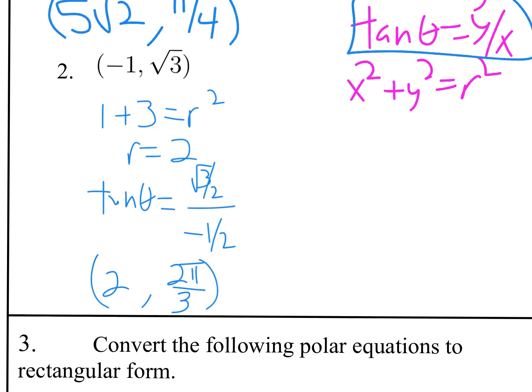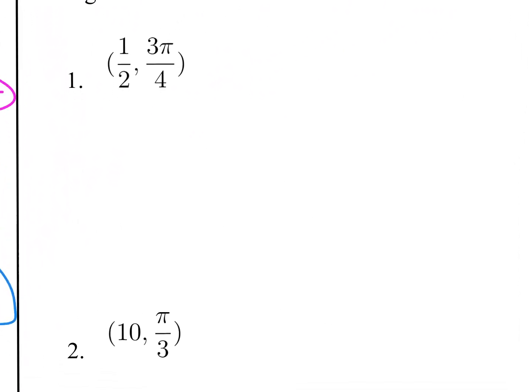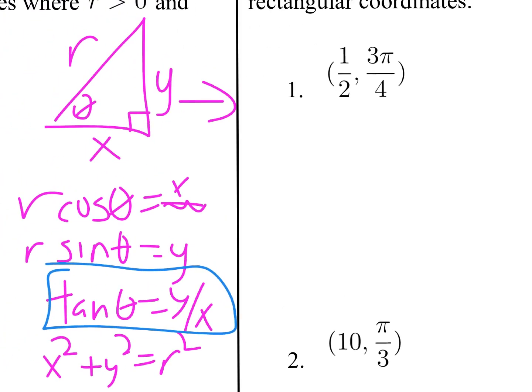And the next one, that's going to be over here. This is polar to rectangular, so that's r, theta. So we just said over here, r cosine theta is x. And r sine theta is y. I didn't put in the theta here.